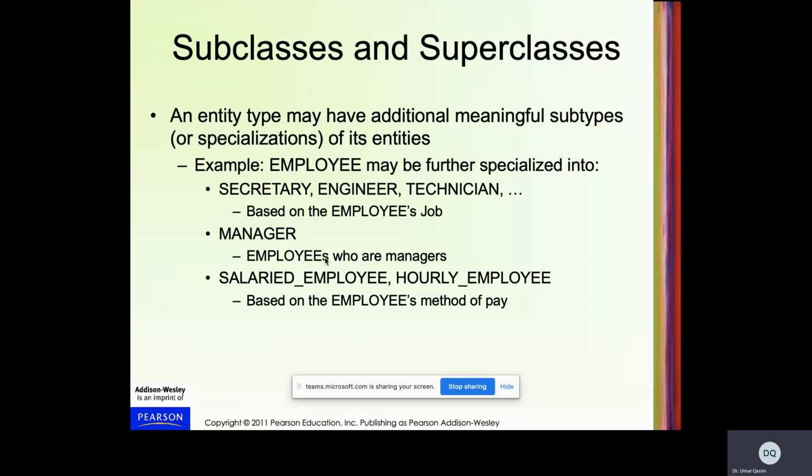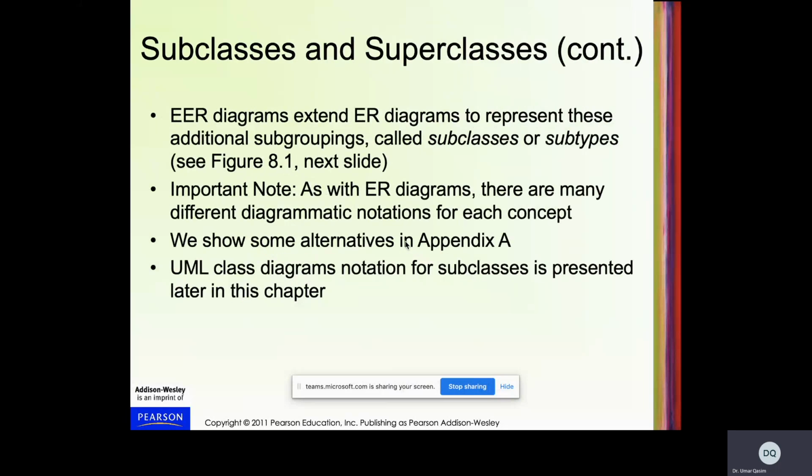In this case, we are seeing one type as a role of employee, then employees who are managers become subtypes. Then we can create another subtype, which is if the employees are hourly employees or salaried employees. So all these concepts bring in the subclass and superclass concepts.